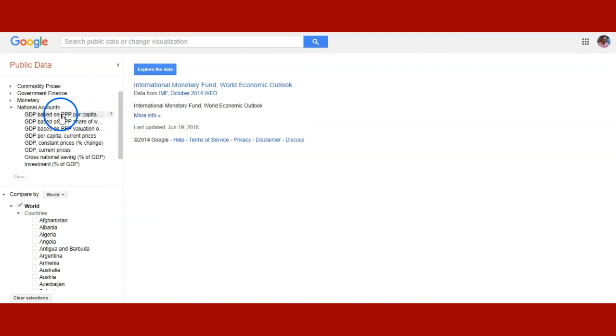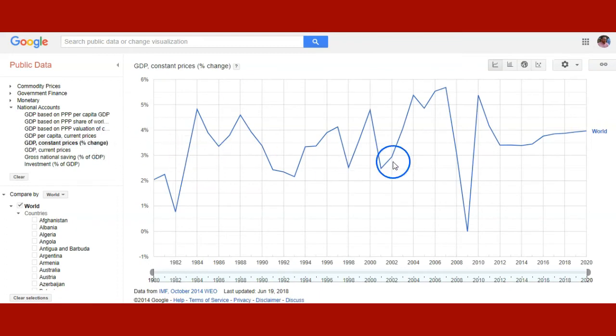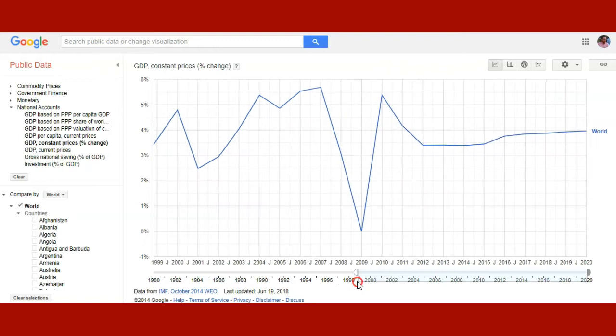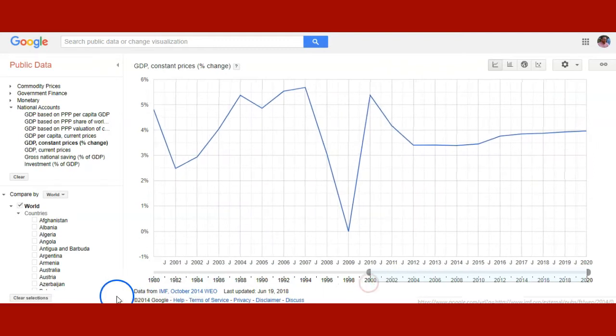So a gross domestic product, constant prices, percentage change. So that's the change in real GDP, production over time. So click on that. So far so good. That's showing for the world. I'm going to restrict this to 2000. So that's our time period, and I don't want the world.